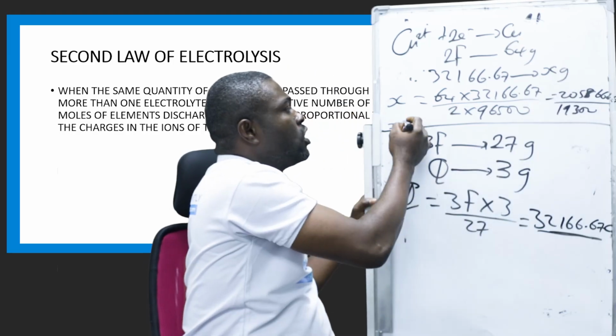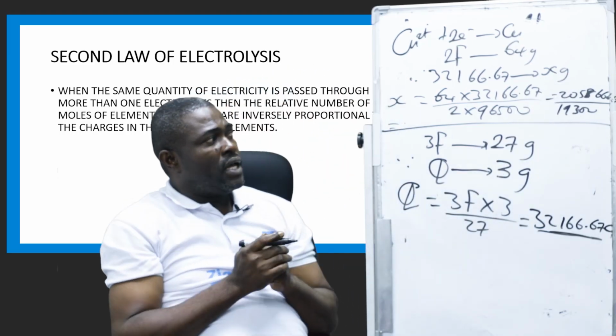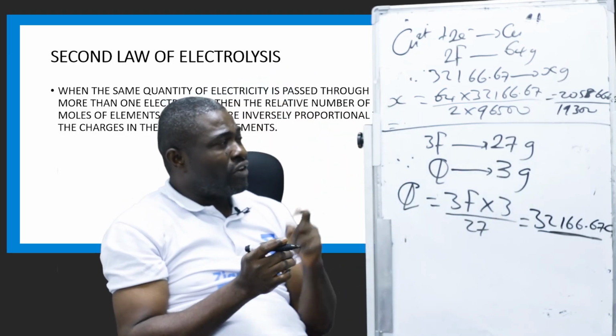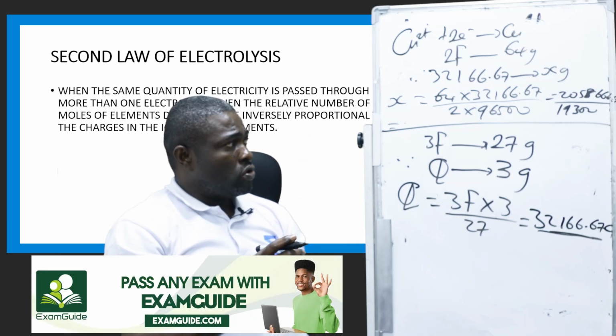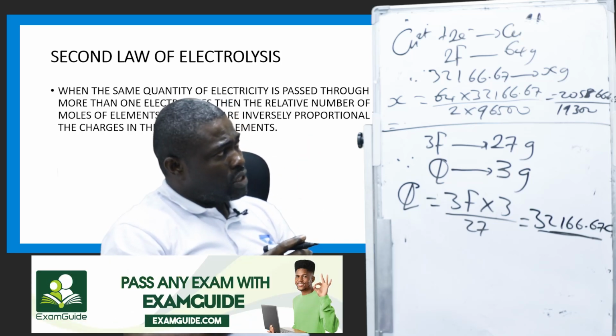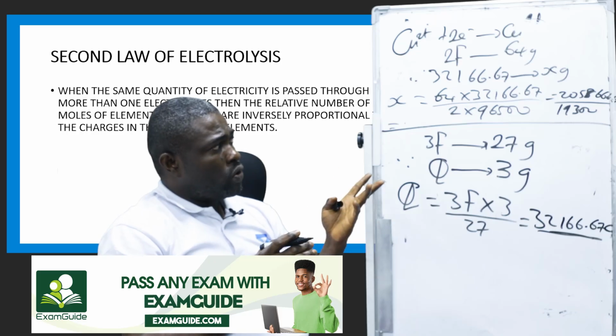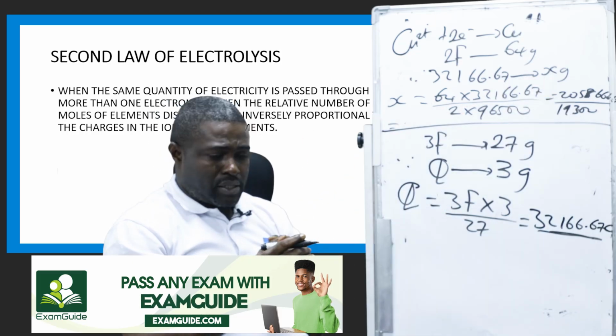By the time you divide this, you get the mass of copper deposited at the cathode in the second electrolytic cell. What did we do here? Divide this, that will be the mass.